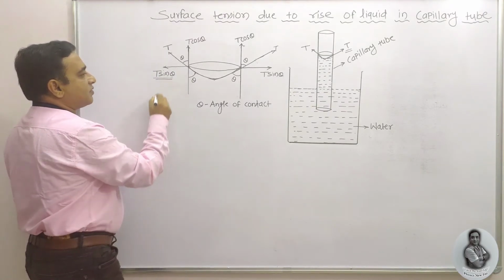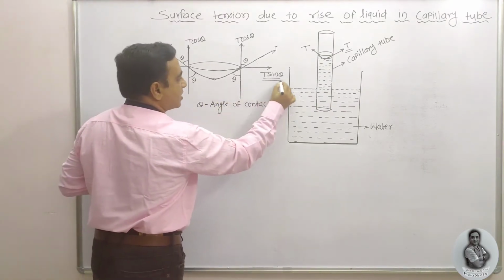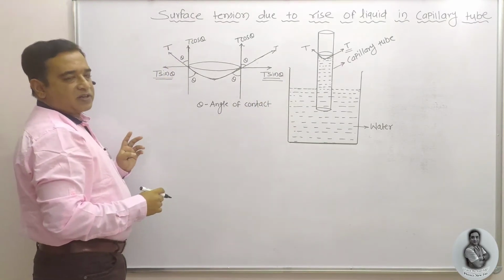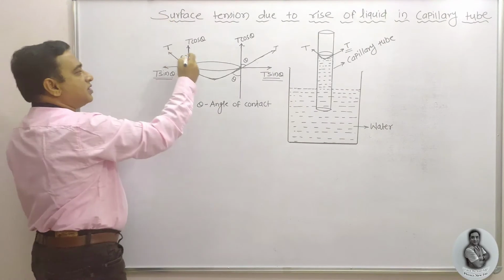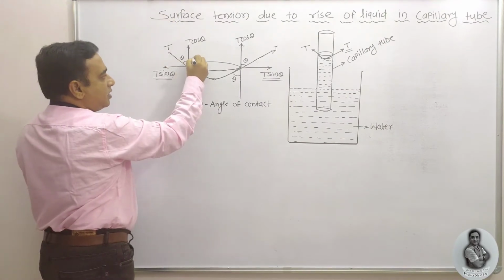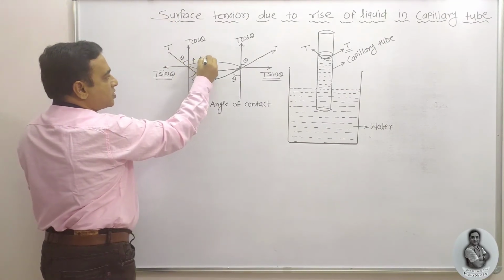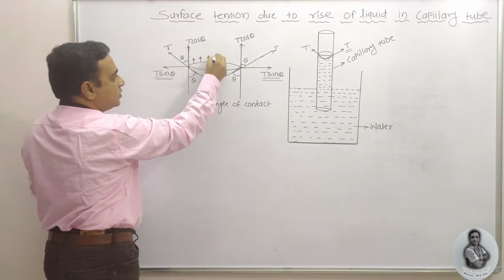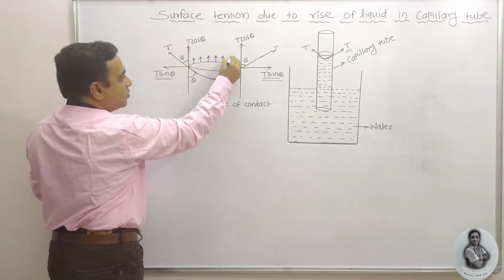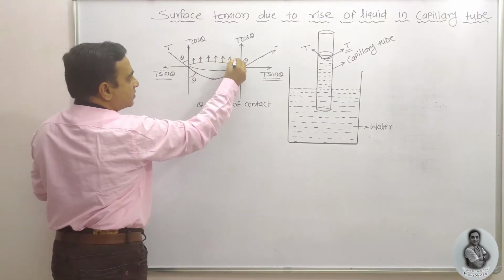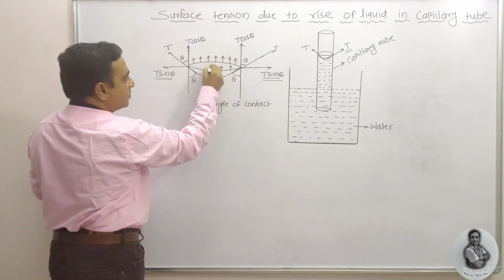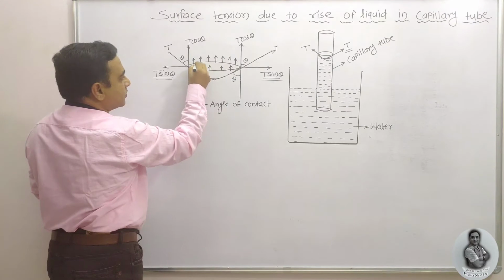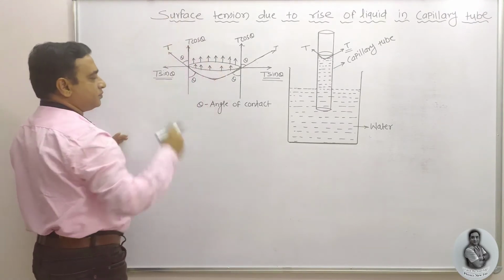So T sin theta components are opposite to each other and cancel the effect, whereas T cos theta in all possible directions, which I am going to show with the arrow, are the components in the upward direction along the total circumference of the circle, which I have shown.